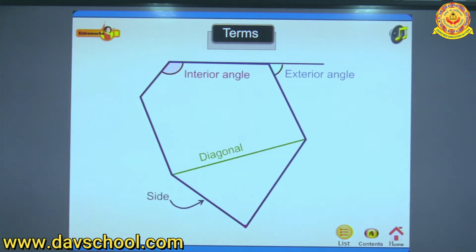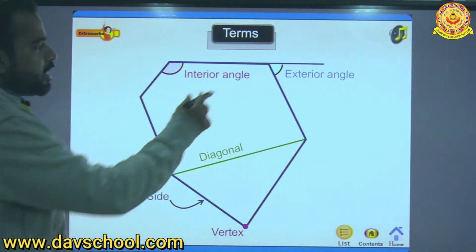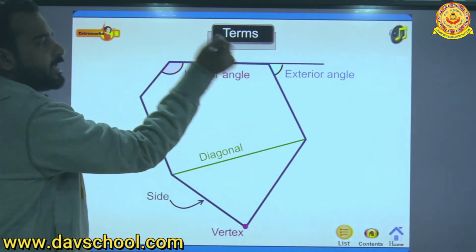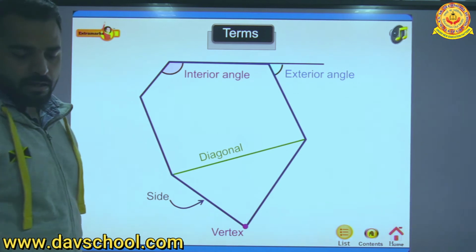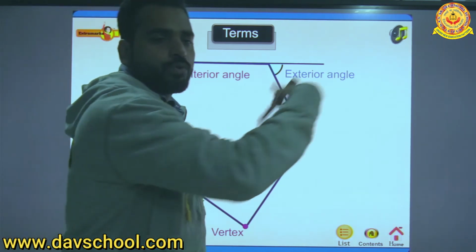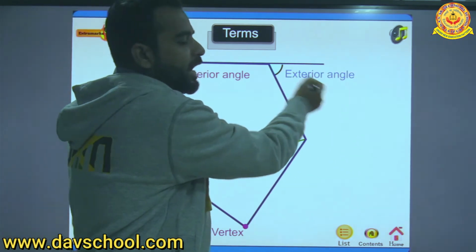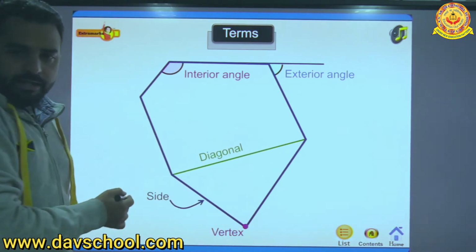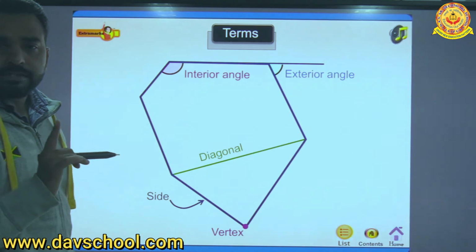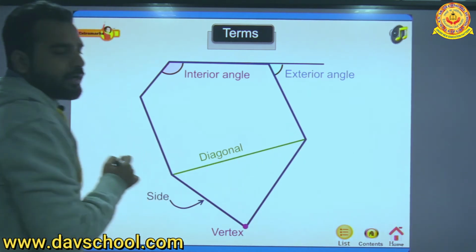Exterior, diagonal, side, vertex. Do you all know about these terms? Yes, sir. If any angle is situated inside the polygon, we call it an interior angle. If the angle is situated outside the polygon, we call it an exterior angle. And if we join the opposite vertices, we call it a diagonal.